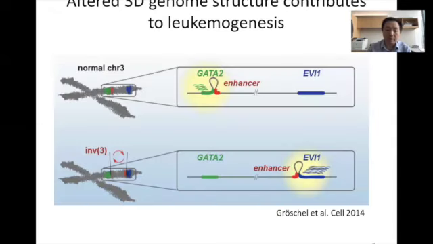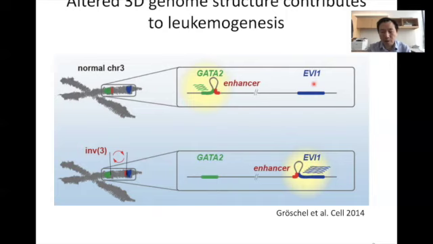So here is another example. In this case, this is actually an SV, or structural variant, leading to a change of 3D genome structure. Okay, so in the normal chromatin in human blood, there's an enhancer regulating GATA2 through chromatin looping events. So GATA2 is expressed, and this oncogene EVI1 is silenced, which is good.